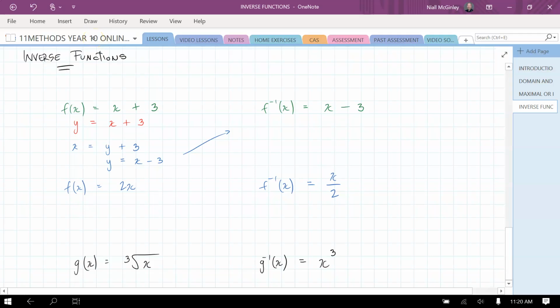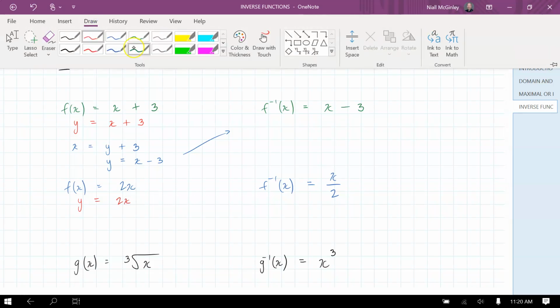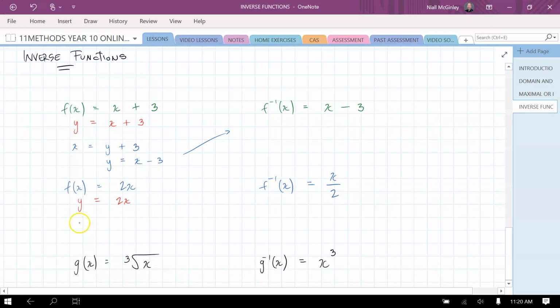Again, in the second example that we did, we've got y equals 2x. To find the inverse, the trick is to interchange x and y, and then make y the subject. So if I want to make y the subject here, you divide both sides by 2, and that's what we got when we did the inverse.